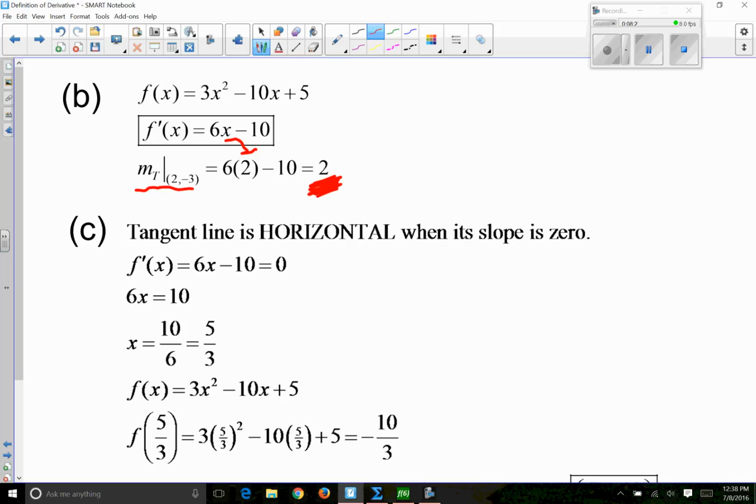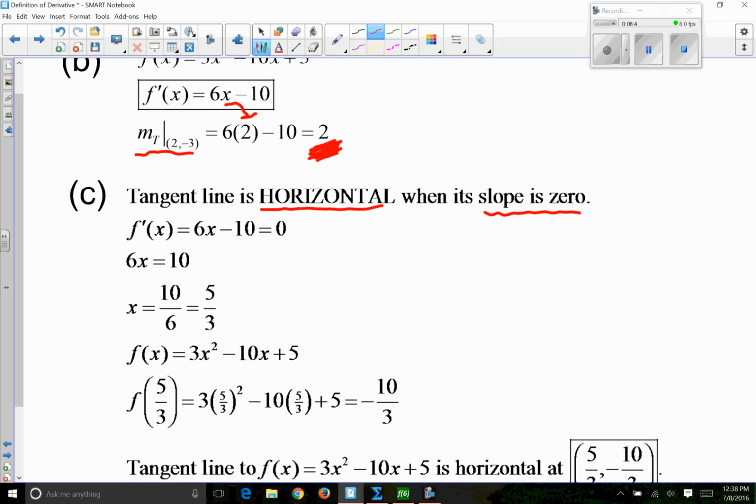And part C asked for the point on the function where the tangent line is horizontal. And a tangent line is horizontal when its slope is 0. The derivative is the slope. We're answering part C by setting the slope of the tangent line equal to 0, because any line is horizontal when its slope is 0.